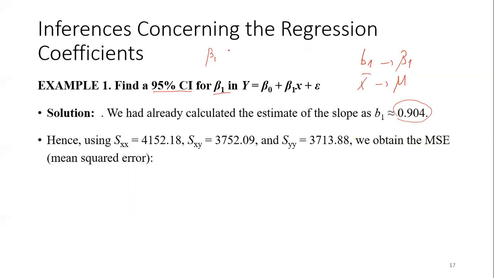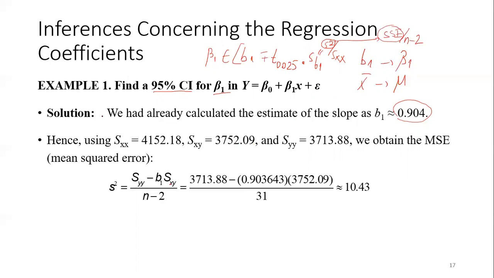Beta 1 is an element of B1 plus or minus t alpha over 2, which is 0.025 here, times S of B1. How to calculate S of B1? If I'm not wrong, S of B1 is equal to S squared divided by SXX. So what we need is to find S squared first, and what is S squared? It was SSE divided by n minus 2. So we need SSE, and so on.